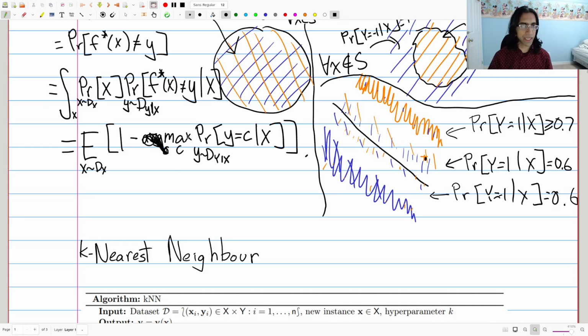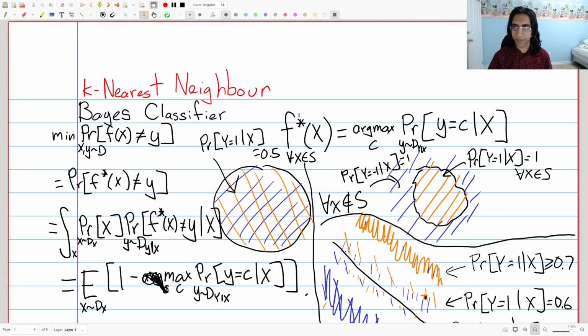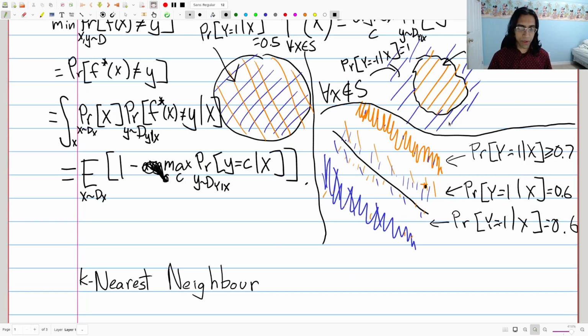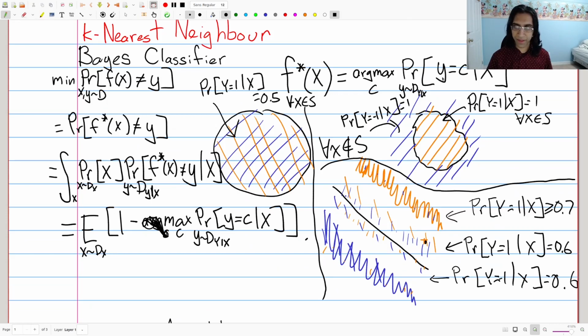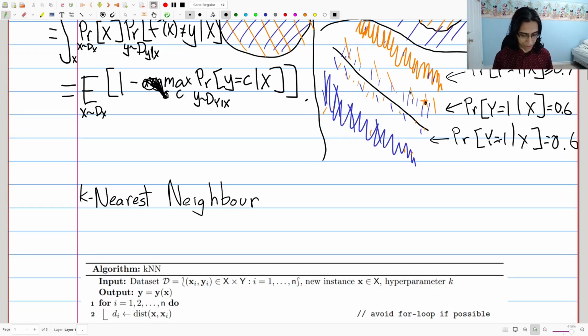Let me tell you a key quantity that we used here. The key quantity we used here was this function right here, this probability that y is equal to a particular label conditioned on x. So the key principle that K-nearest neighbor operates on is the following.